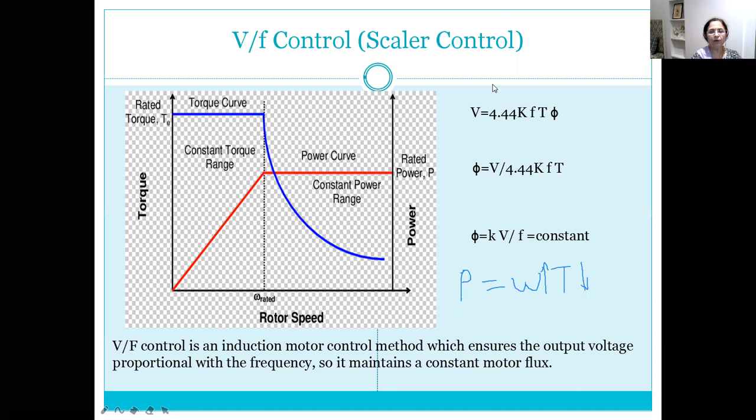So V by F control of the induction machine is a method which ensures that output voltage is proportionate. When we vary output voltage proportional with the frequency, it can maintain flux constant. There are advantages of maintaining flux constant, mainly because the torque which is developed by a motor is directly related to flux.